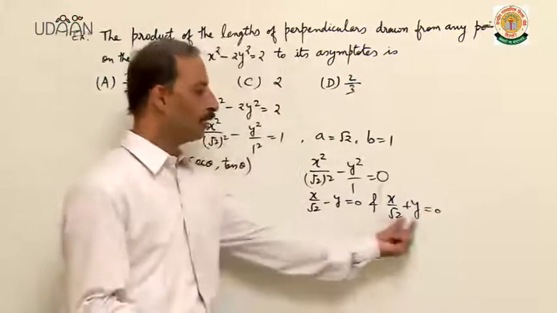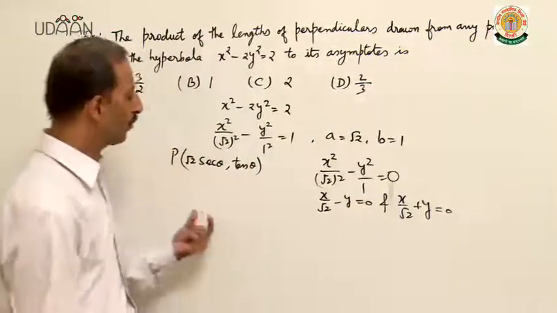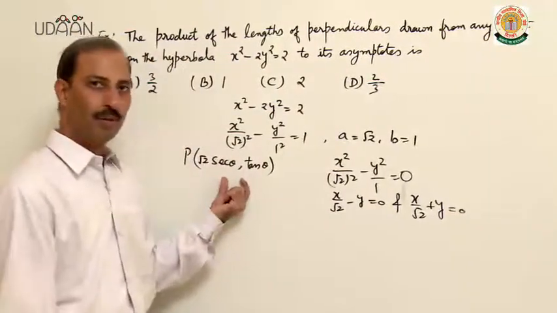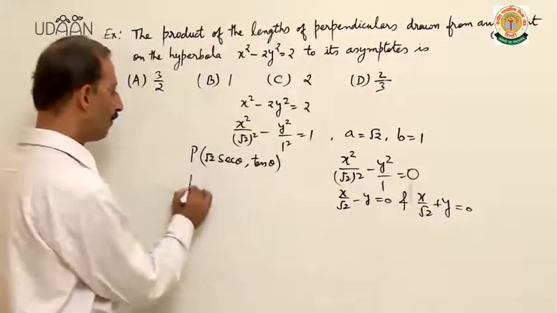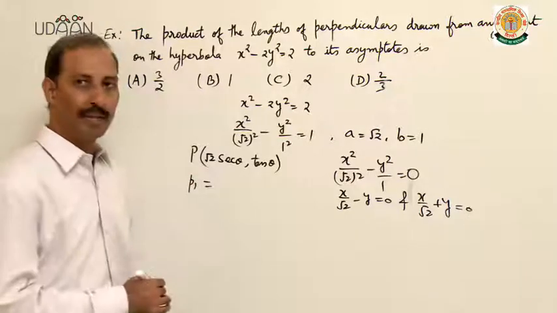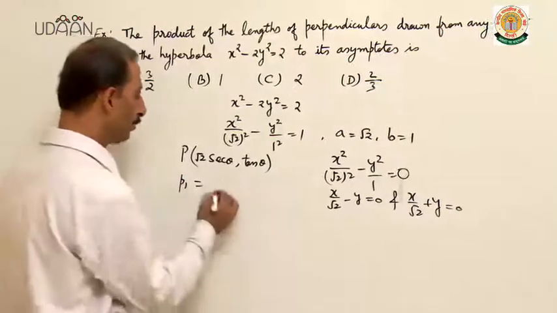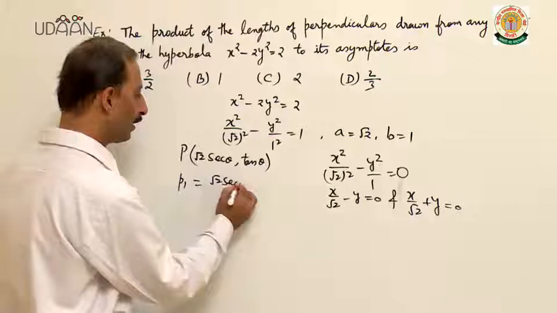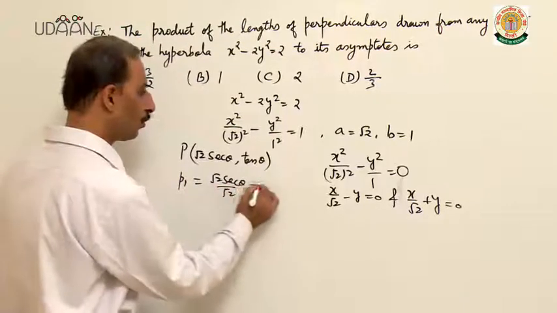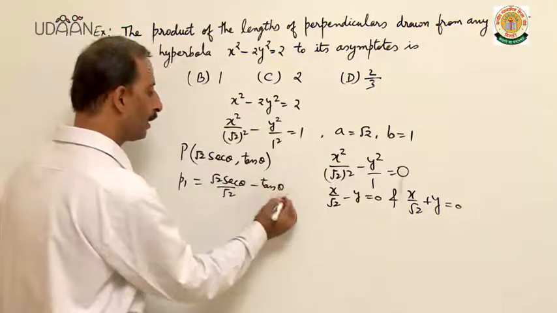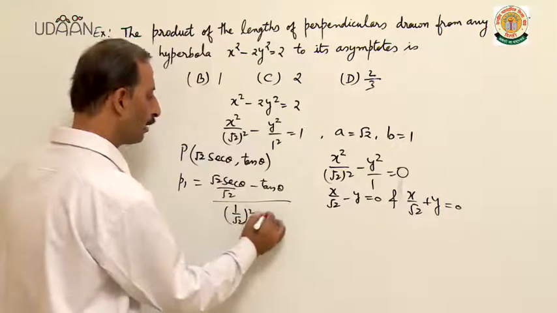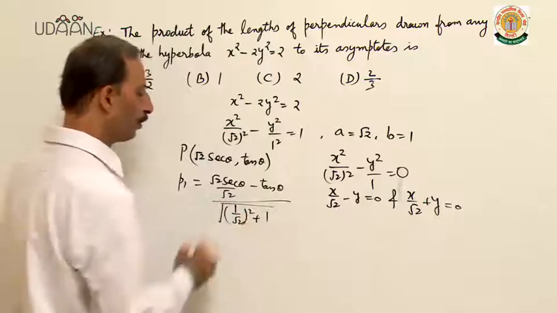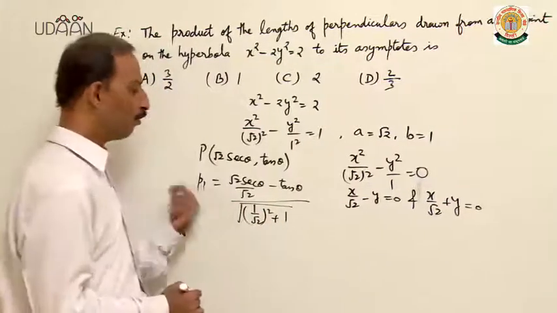These are the two equations of asymptotes. From this point, draw the perpendicular on this asymptote. Say P1 is the length of the perpendicular. Then what is the value of P1? Root 2 sec theta divided by root 2 minus tan theta, upon square root of 1 upon root 2 whole square plus 1 square. This is the value of P1.